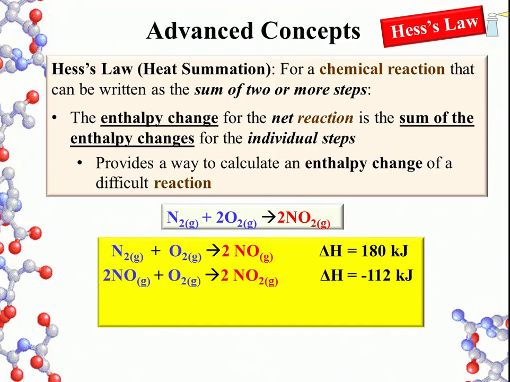In practice, the student is usually given both of these reactions and asked to find the enthalpy change of the reaction of interest. The application of Hess's law is one of addition. Add the chemical equations together in such a manner as to produce the reaction of interest, and add the enthalpy changes together to get the change in enthalpy of the reaction of interest.